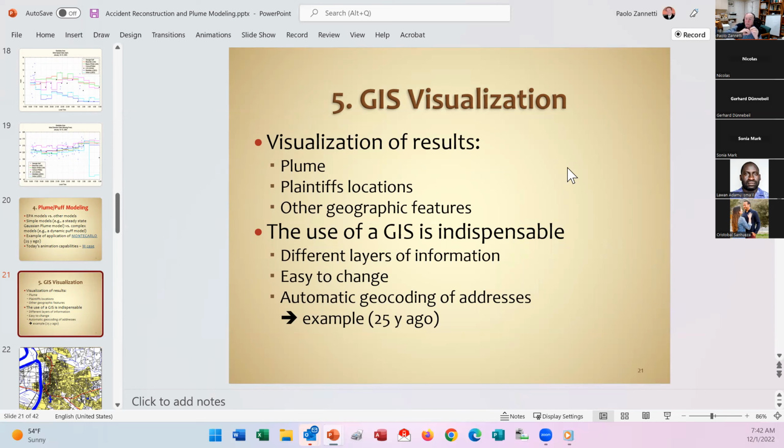So you can see the plume, you can see the location of the people who are complaining, you can see the geographic features, the terrain elevation, the model simulation, the isopleth, everything is a layer. And you can turn on and off any layer. So you can superimpose automatically all this information. It is really, really good. We use it all the time.